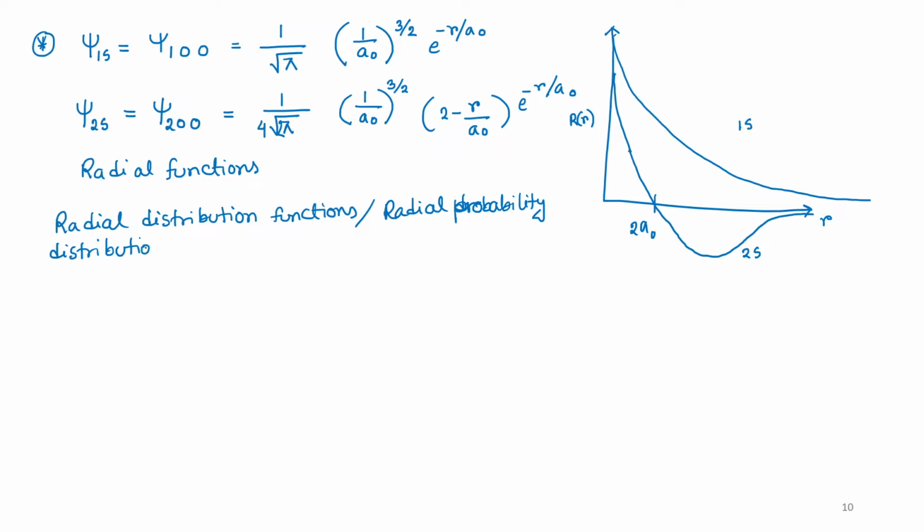How is it different from the radial function? Now if you think of this as a radial function, the square of the modulus of the radial part will give you the distribution of the probability density, right? Probability density, not the probability.